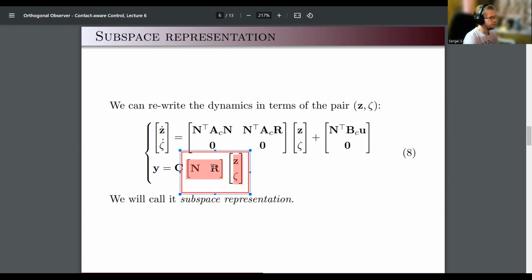This thing is just x, so x is equal to N z plus R zeta. So this block will appear again and again, and it is nice to notice it.